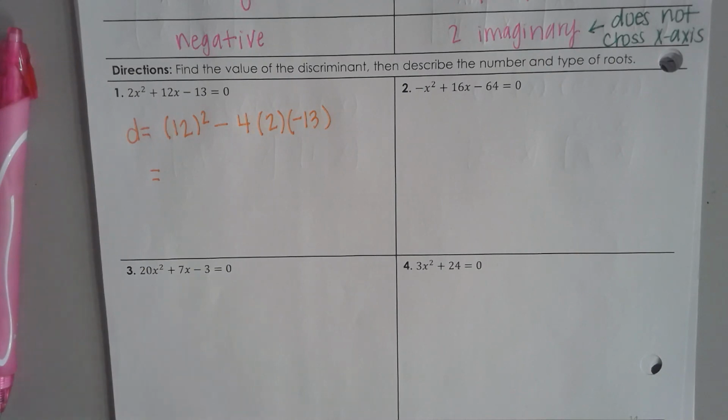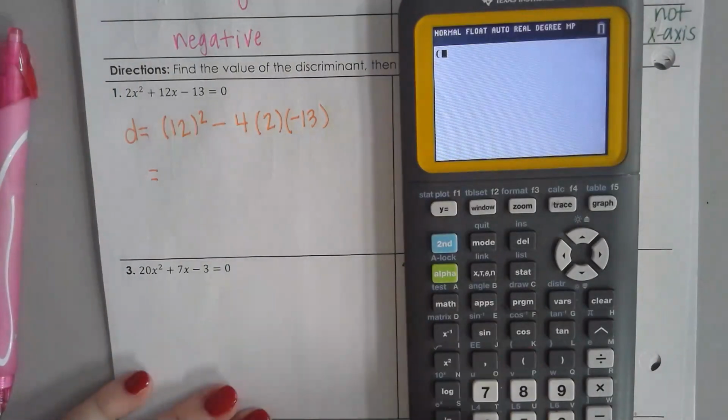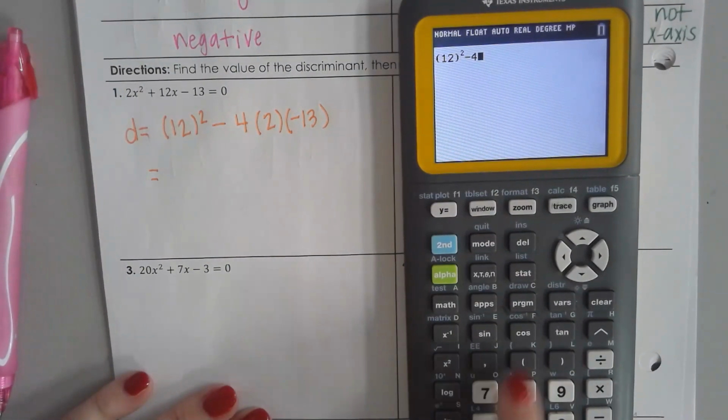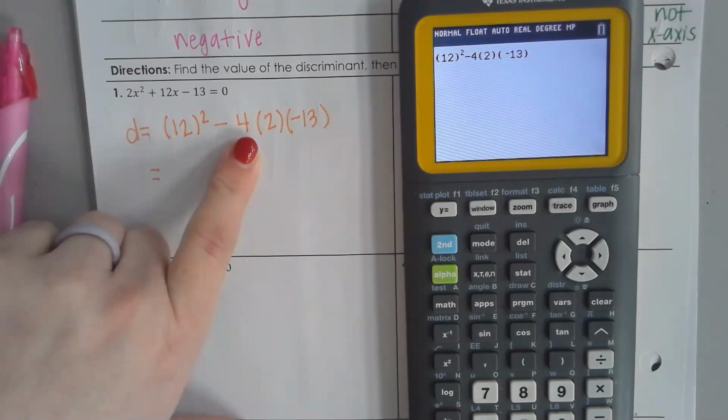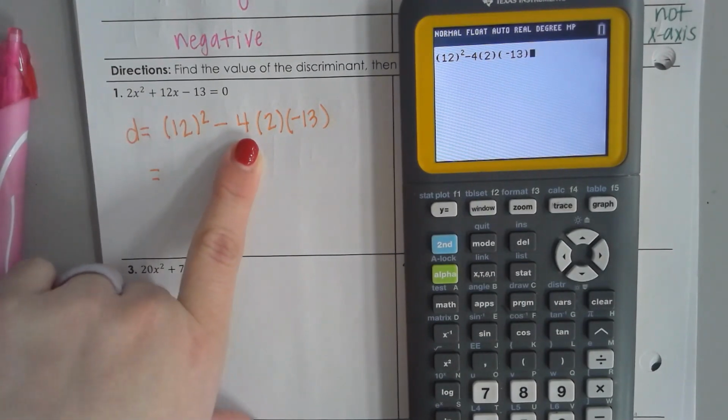We're just going to type that into the calculator. This 4 is just part of the formula. It's b squared minus 4ac.